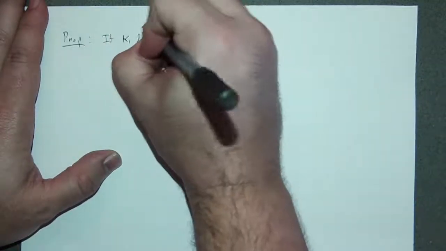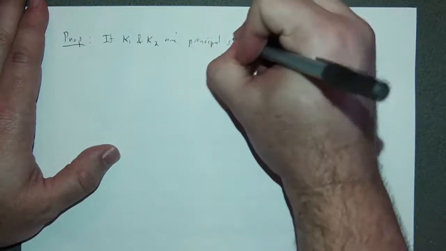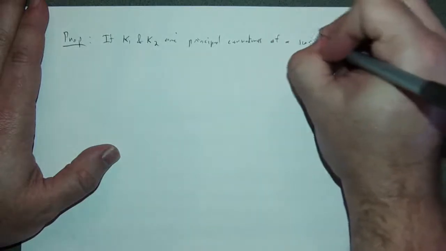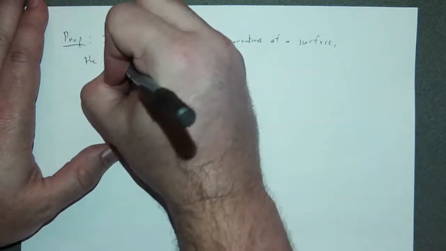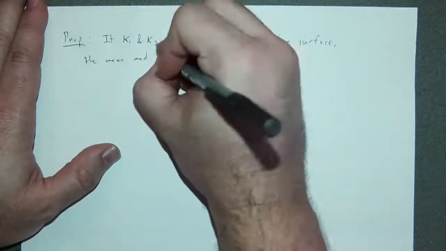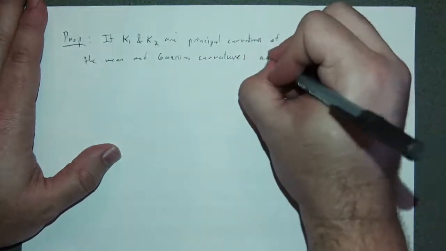So if kappa sub 1 and kappa sub 2 are principal curvatures of a surface, then the mean and Gaussian curvatures are given as follows.